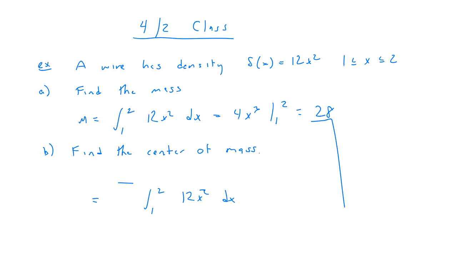So inside the integral I put the 1 over m, and then inside the integral I have to put an x, because that x is the values that we're looking at, which are all the values from 1 to 2, and the 12x squared over the m is the weighted average.